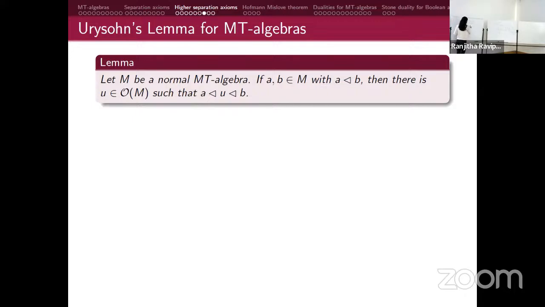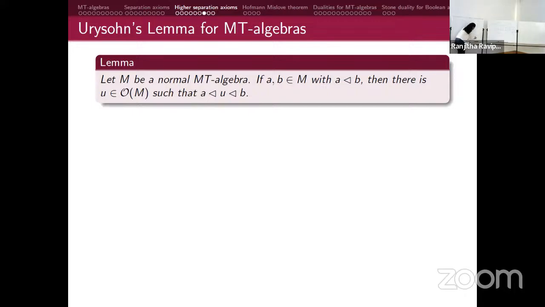So this implies there exist opens U and V such that U meet V is 0, diamond A is below U, and negation box B is below V. So this is nothing but negation V is below box B. And U meet V being 0 gives me U is below negation V. So I can immediately get diamond A is below diamond U, and this is below diamond negation V, and this is below box B. Why?